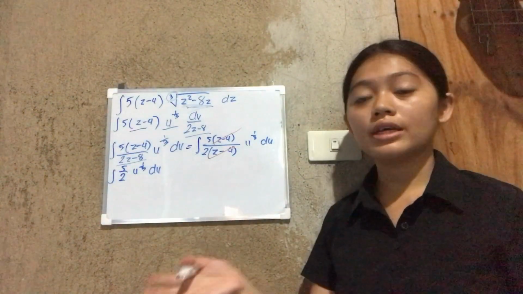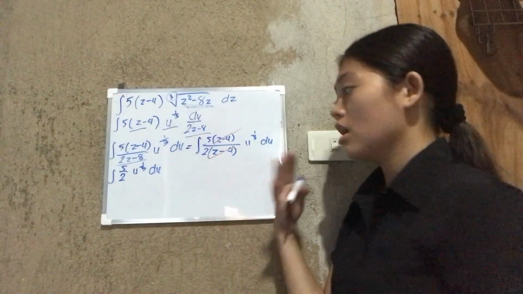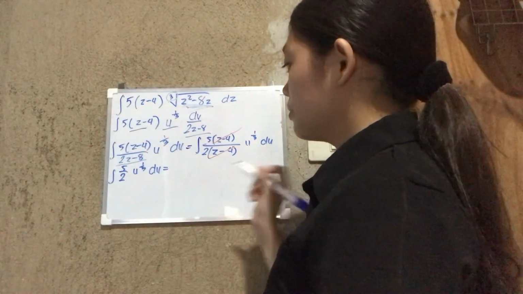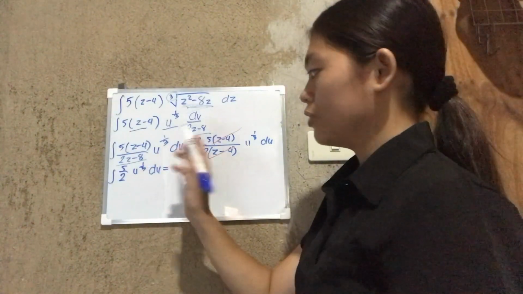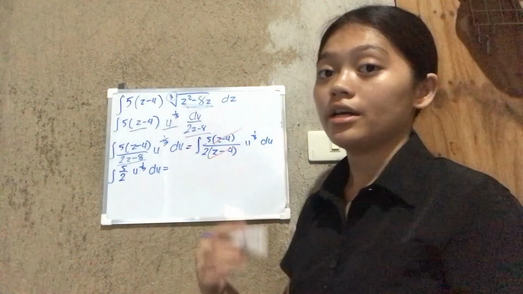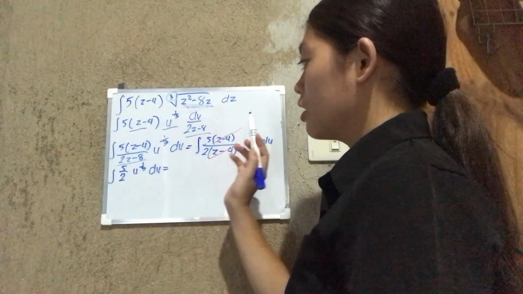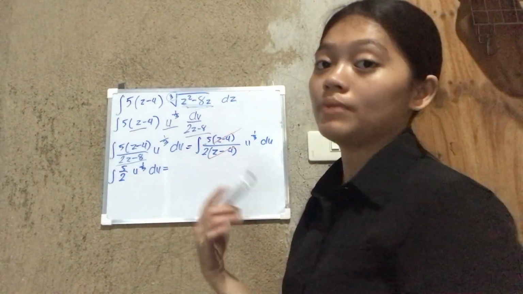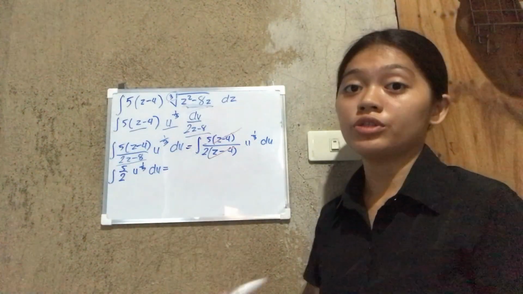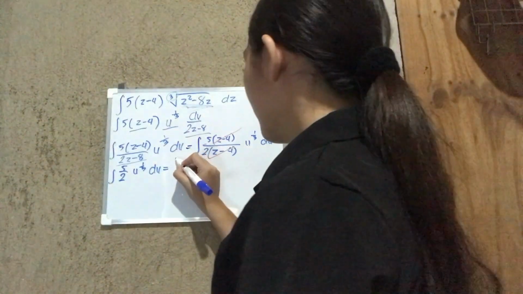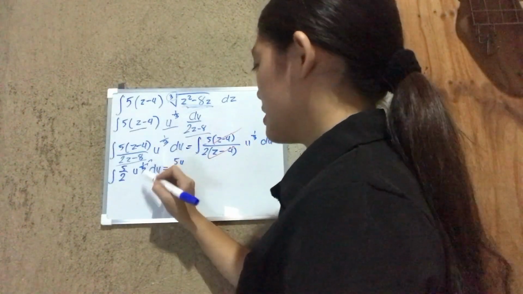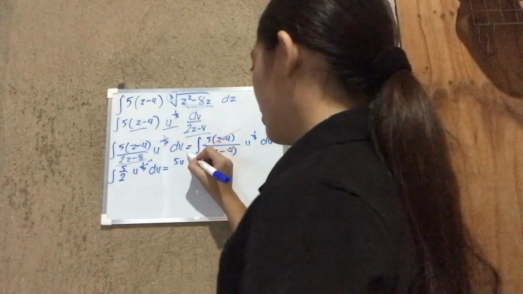So now we can integrate this function. Remember that this u raised to 1/3 is beside the 5, right? So if we add 3/3 or 1 to the 1/3, we are going to multiply this to the denominator, which is the 2. So we have here 5u, then when we add 1/3 plus 3/3 is 4/3, right?